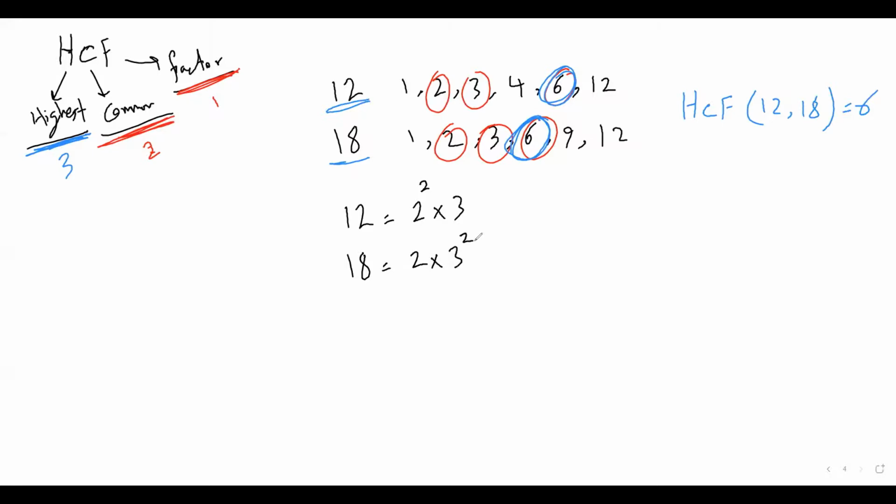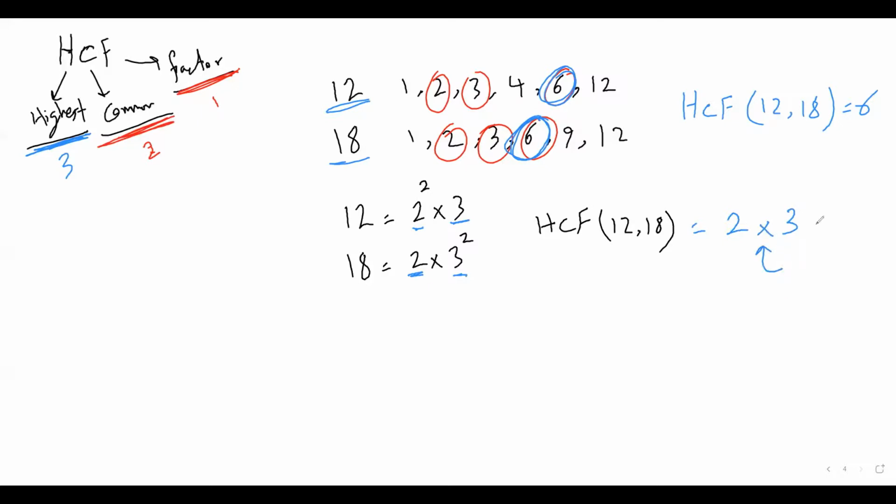Now, in this method, if you want to find the HCF of two numbers, which you have already rewritten as the product of their prime factors, you have to choose the common factors. And as you can see, 2 and 3 are common between 12 and 18. So I must have 2 and 3 in our answer. And of course, do not forget the product, right?